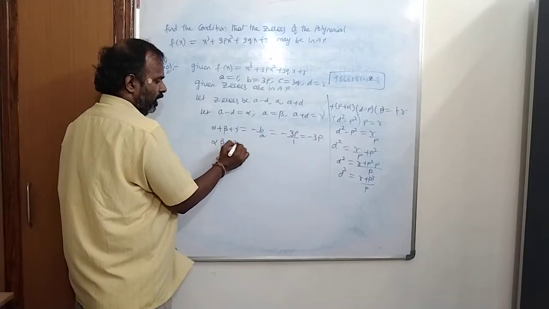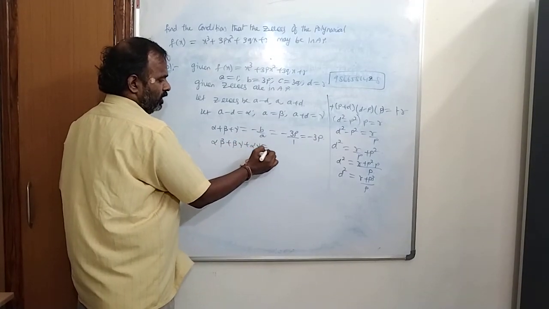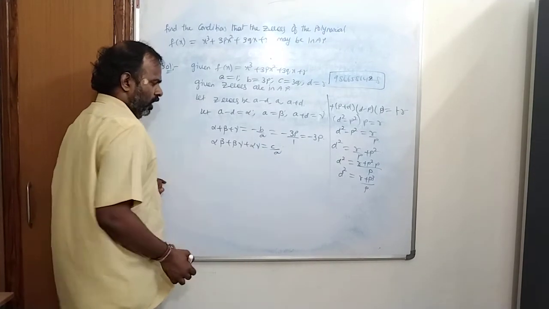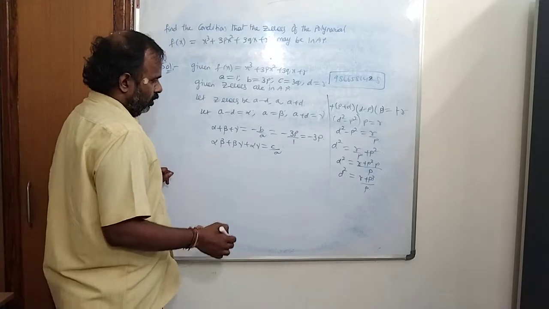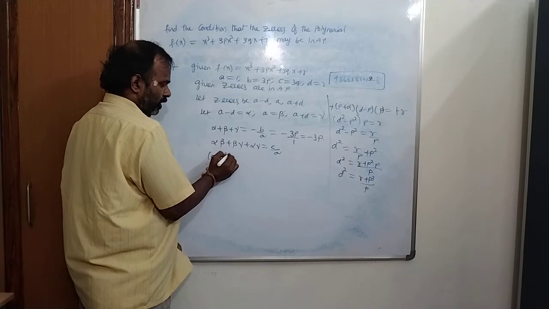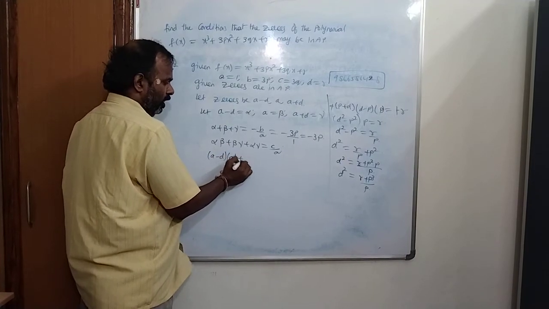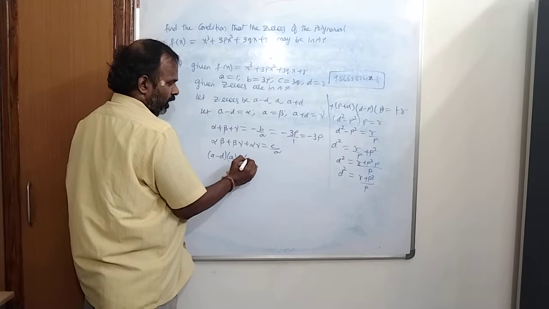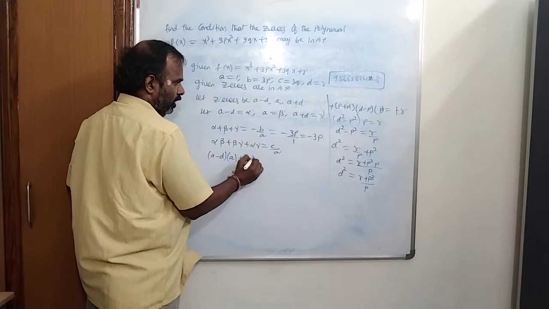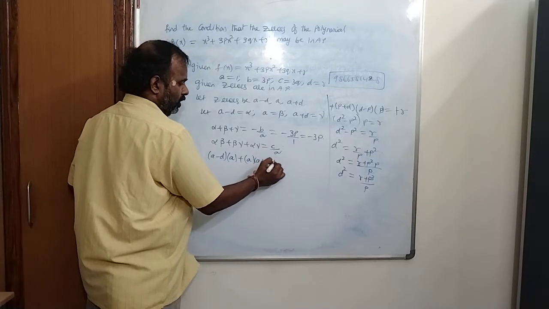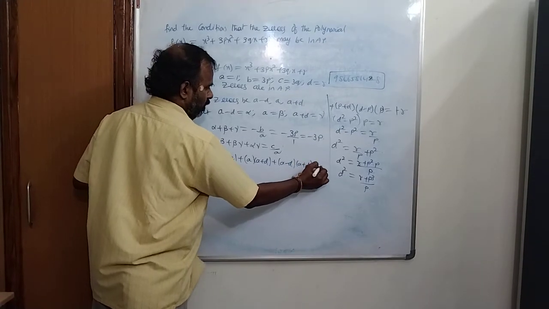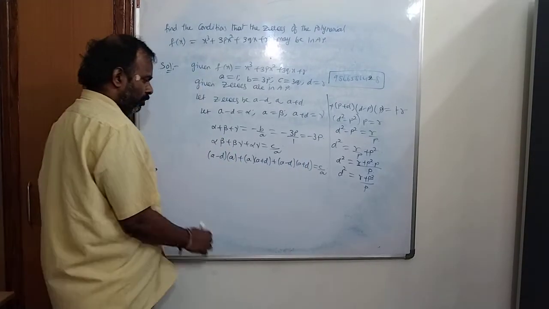alpha beta plus beta gamma plus alpha gamma is equal to c by a. So alpha beta, so here alpha is what? a minus d into beta, a, into beta into gamma, beta is again a, into a plus d. a minus d into a plus d is equal to c by a.